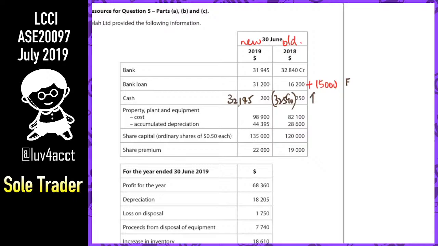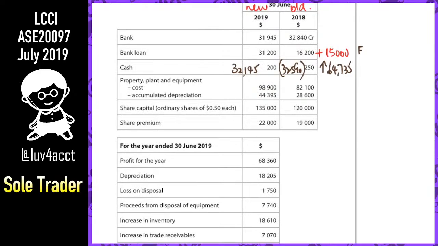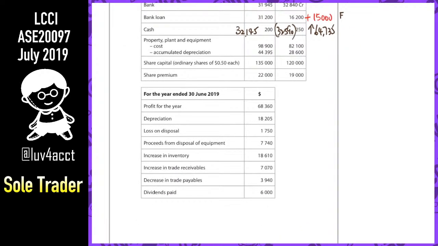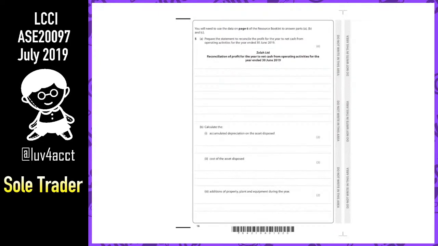That means you have an increase of 64735. Next you have the movement for property, plant and equipment. We will look at it later. Is it the full thing? Yes, I guess.